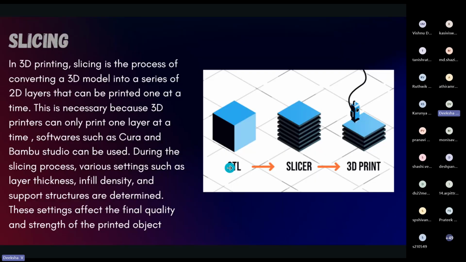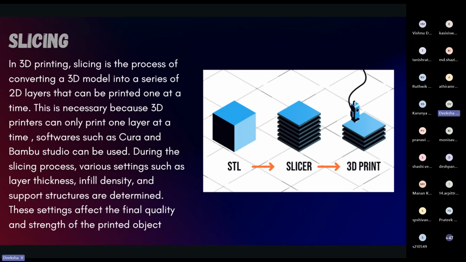Once modeling is done, we go into slicing. Slicing basically involves putting the file into slicer software. Some of the open source slicer software are Cura and Bamboo Studio. We also have Prusa Slicer. These software basically convert your 3D model into 2D layers.